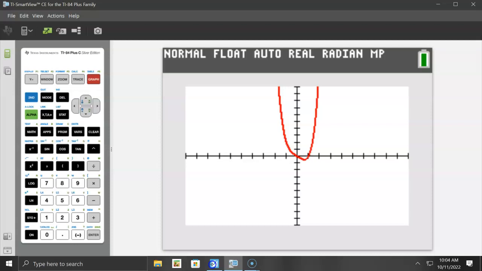So what are we noticing? This little dip between 0 and 1, we mentioned those. That's where it becomes negative. So I'm looking for everything that's not between 0 and 1.